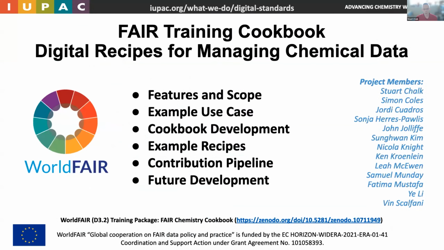So the FAIR Training Cookbook is an idea about how to support chemistry and align disciplines with knowledge and tools, recipes about how to implement FAIR in different situations. One of the things that, if you know FAIR, you realize is that FAIR is a set of guidelines, and so we have to implement this for chemistry specifically.